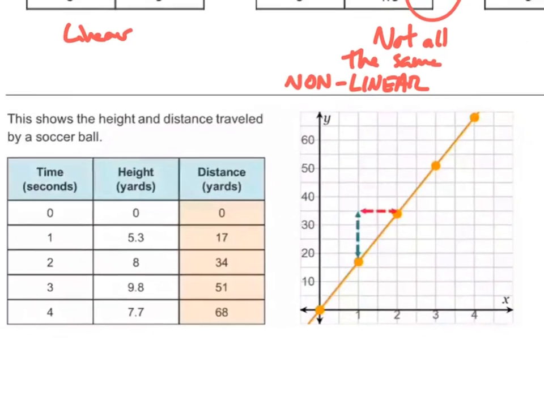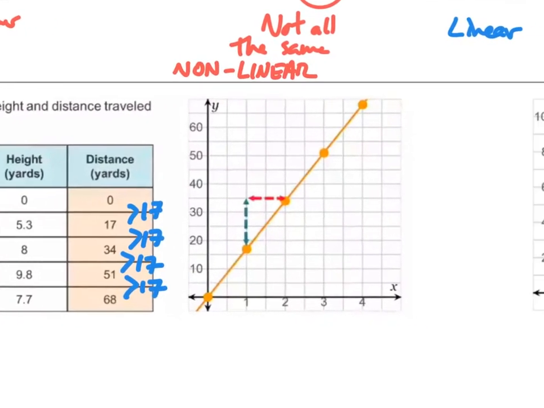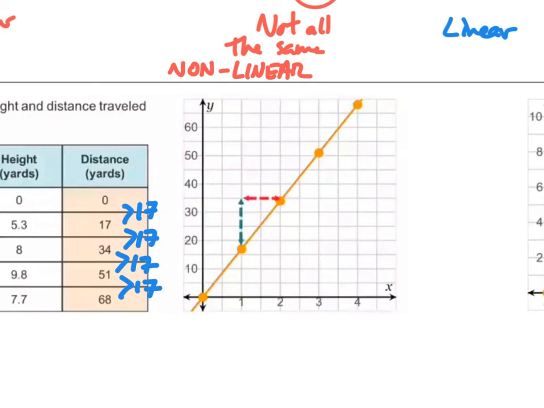What I notice here is that the time increases by 1 second each time, and the distance in yards changes by 17 each time. Each of these columns gets larger by 17 for every second that goes by. So you have a vertical change of 17 for each point, and a horizontal change of 1. So your slope here, your m, is equal to 17 over 1.